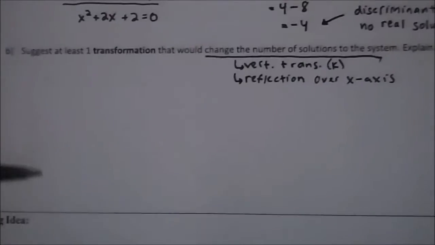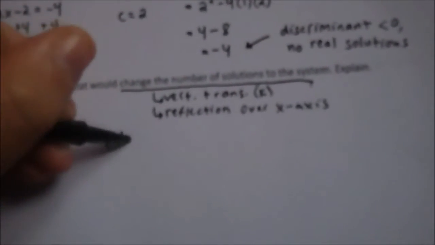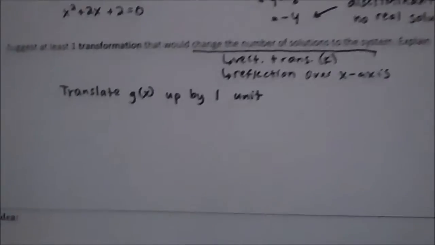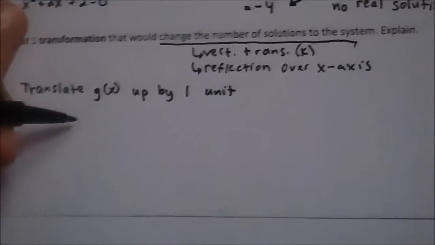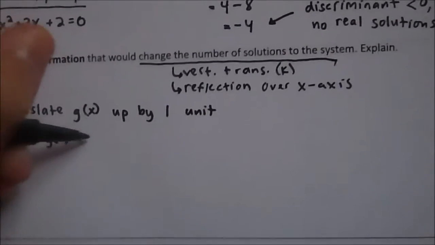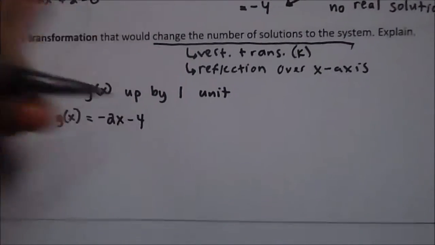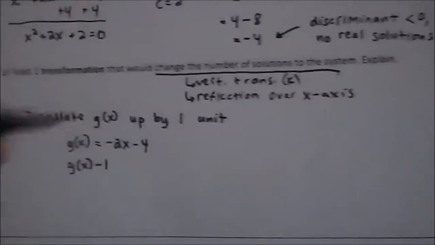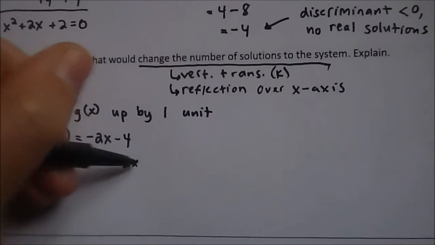So, suggest at least one transformation. I am going to suggest that we translate g of x up by 1 unit, which would make the equation of g of x, rather than negative 2x minus 4, g of x plus 1.